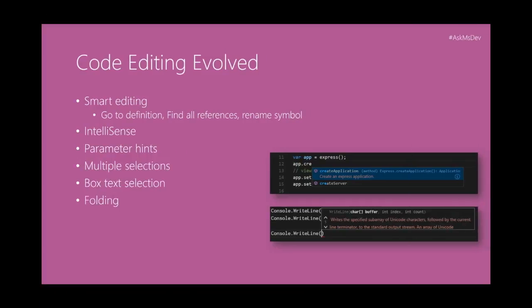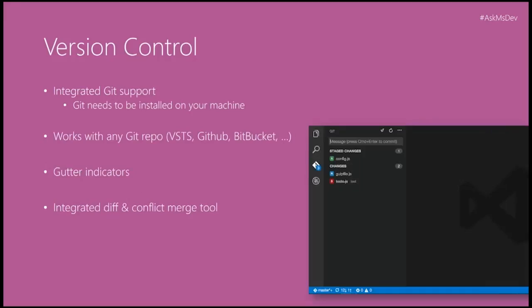Switching back to our presentation here. Now we can write our code, so we have a lightweight editor with some help through IntelliSense and smart editing functionalities that help you write your code faster. But how do you do version control?